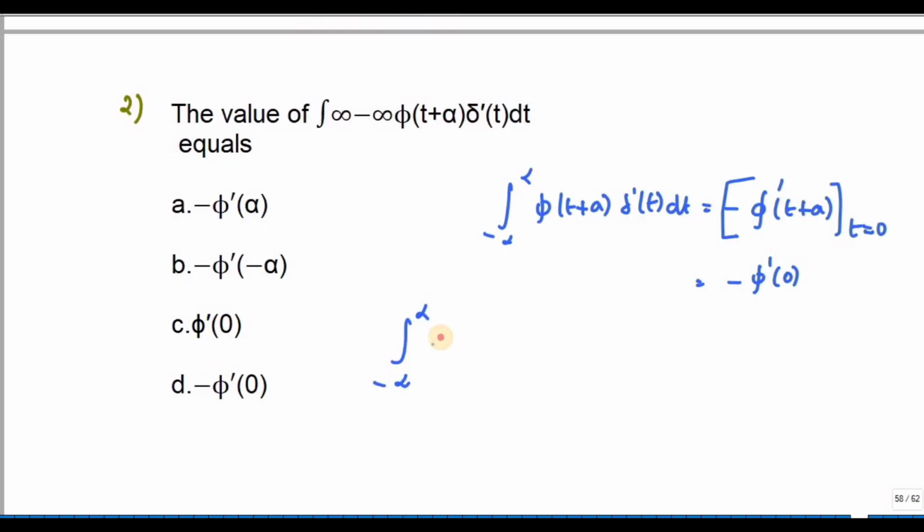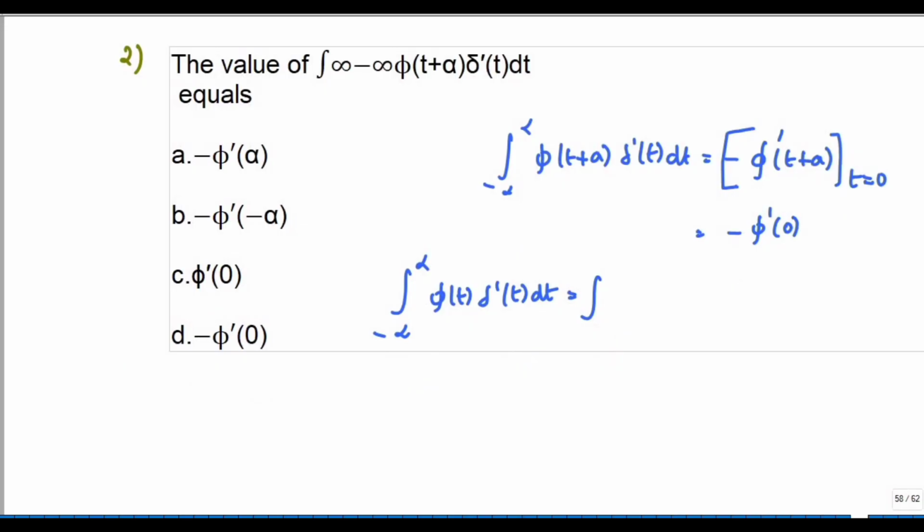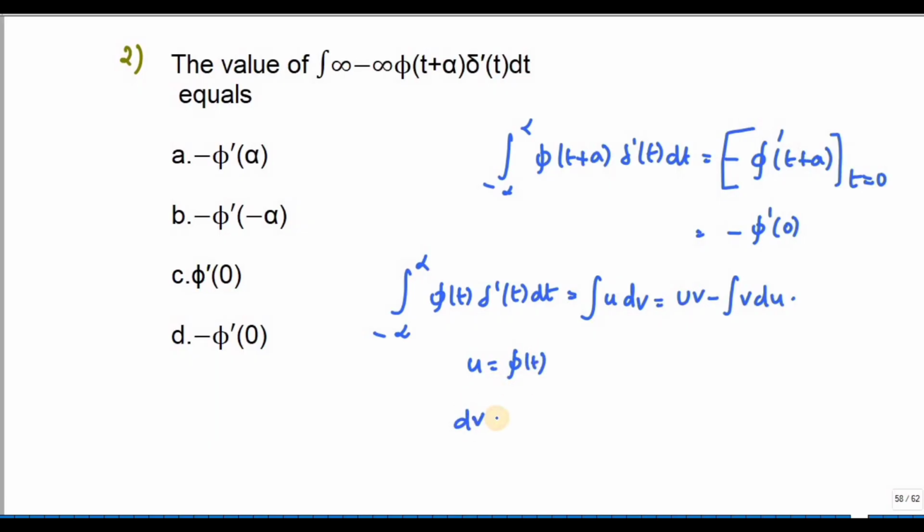Let me quickly check how I'm getting this. The integration from minus infinity to infinity of delta dash of t, theta t dt is in the form of u dv. The integral of u dv is equal to uv minus the integral of v du. So I'm going to take u as theta t and dv as delta dash of t dt. If I integrate this, I will get v equal to the integral of delta dash of t dt.